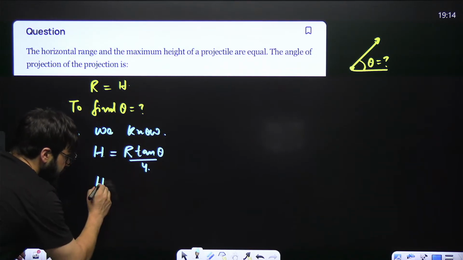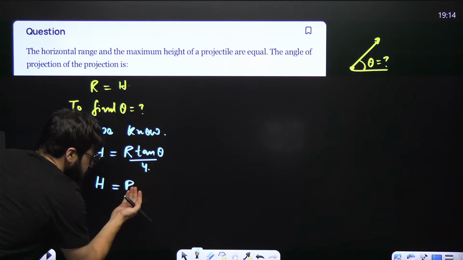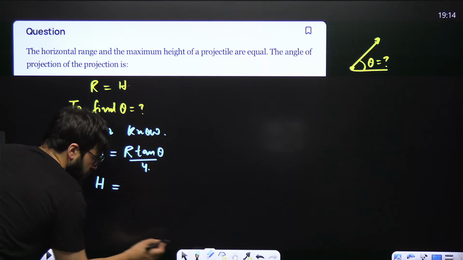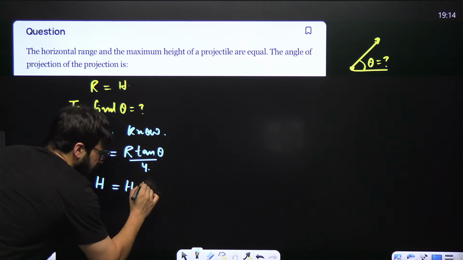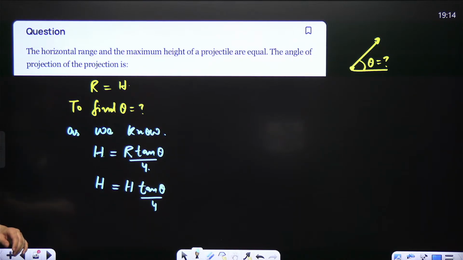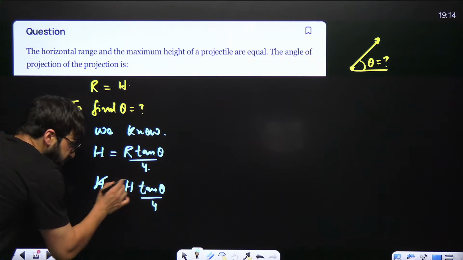Now instead of r, you can put over here h. So h is equal to h tan of theta divided by 4. Now, in this particular case, this h and h will cancel.